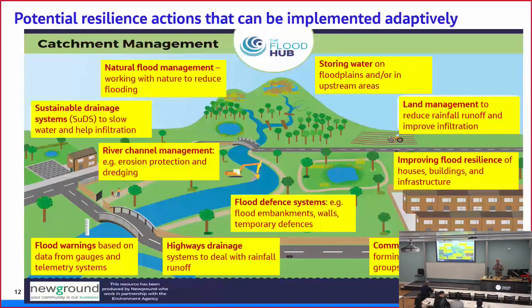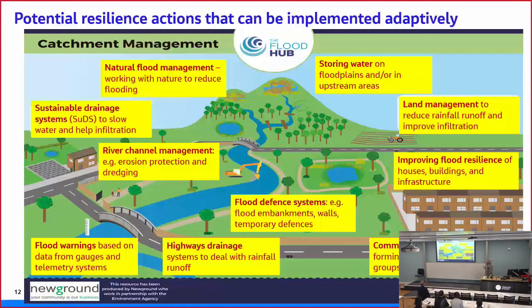You've then got flood defence systems. That's the most traditional form of dealing with flooding. But nowadays, much increasing interest is being drawn towards improving the flood resilience of houses and buildings.